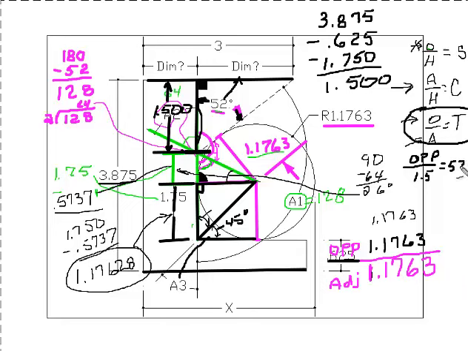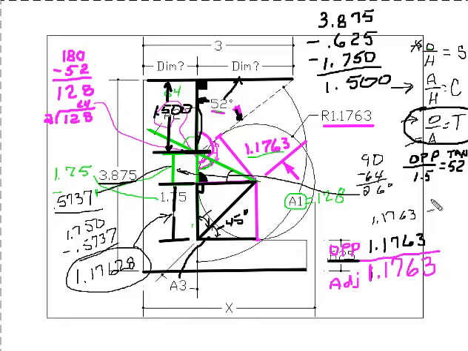So all you got to do, this is the tangent, okay? Opposite over adjacent equals tangent, just like what we have here. Let's go ahead and do the math. First thing you want to do, take 52, plug that in, hit your tangent key.